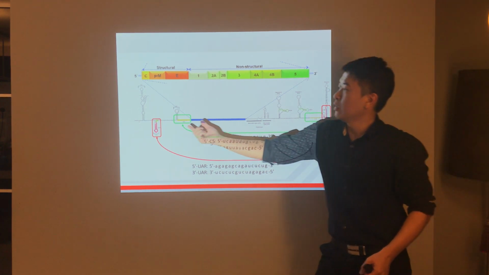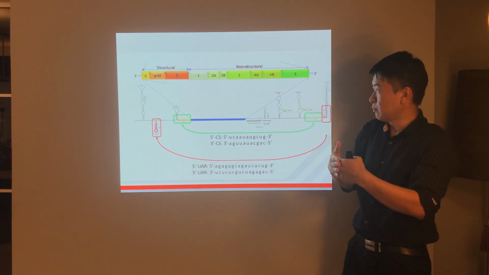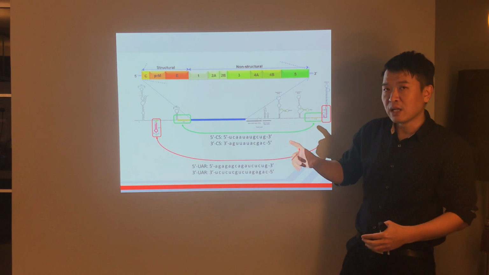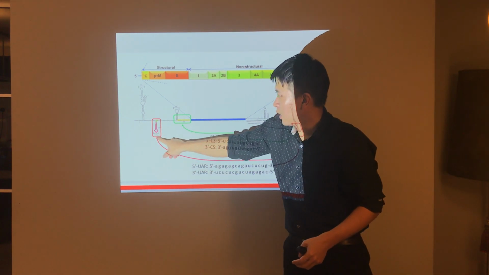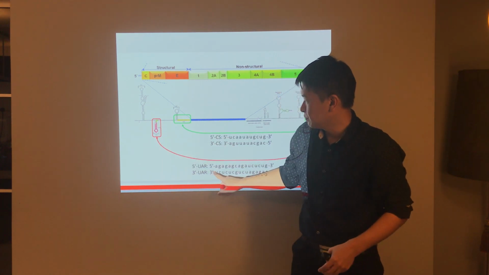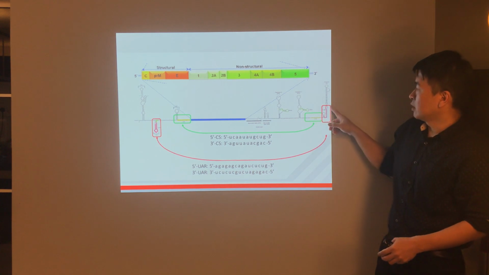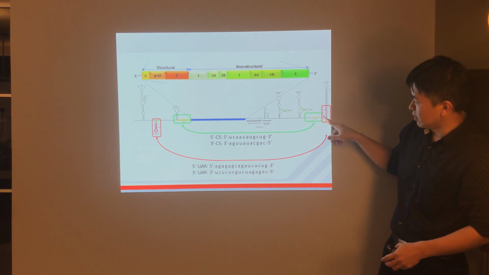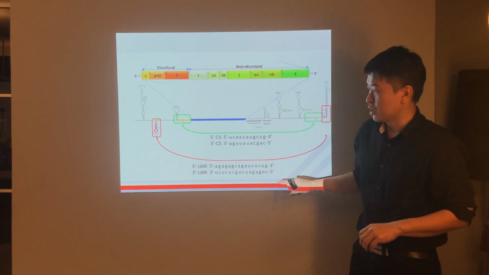So this sequence and this sequence are absolutely complementary to each other. We also found another region, the 5' UAR, labeled in pink, has this sequence, and the 3' end also has a sequence that is complementary to it.